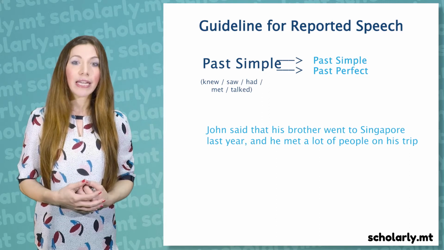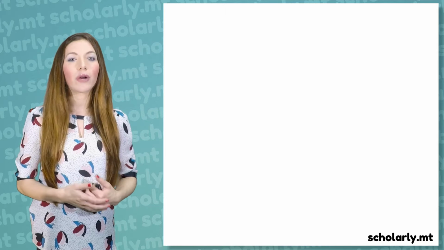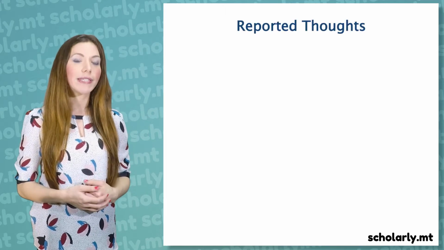Both are correct. So when we have a sentence in the past simple in the direct speech and we want to change to reported speech, we can either leave it in the past simple or change to the past perfect. Both are correct.